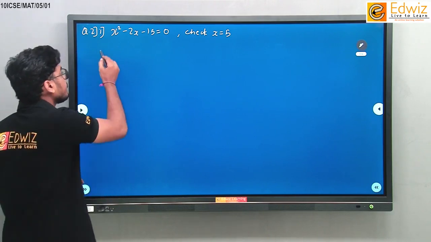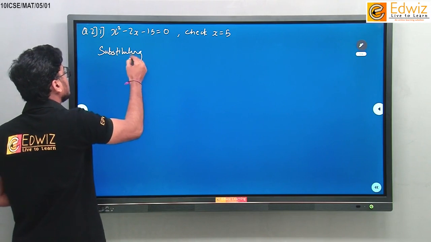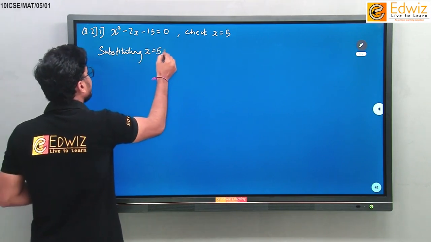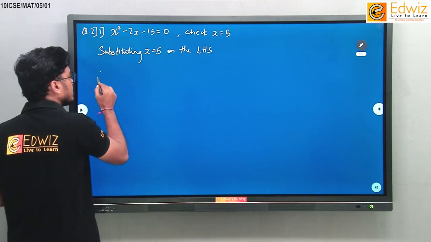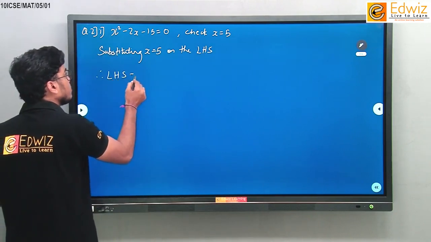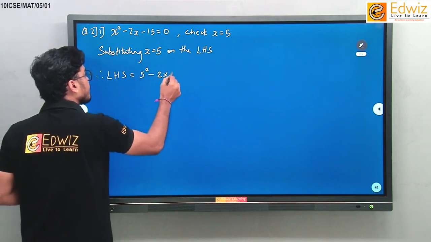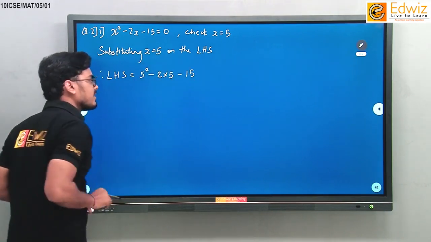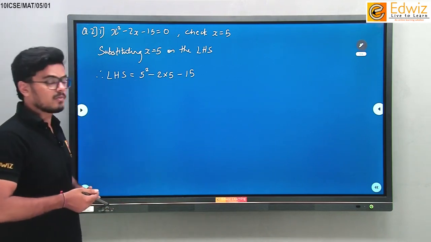So let us check, substituting x equal to 5 on the left hand side of the equation. Okay, so the left hand side will become equal to 5 square minus 2 into 5 minus 15. So wherever there was x, I just wrote 5. We are checking whether this is equal to 0.